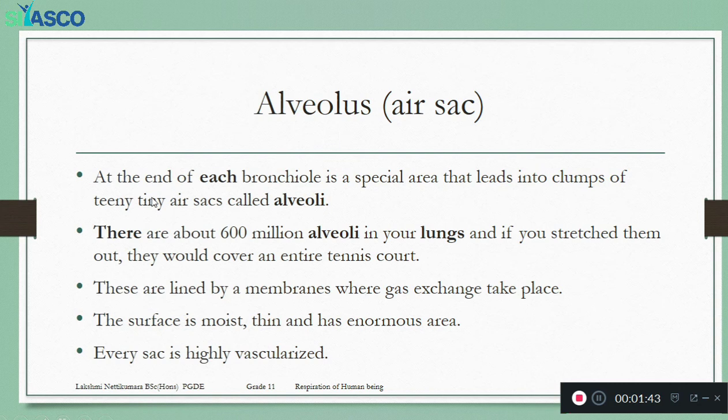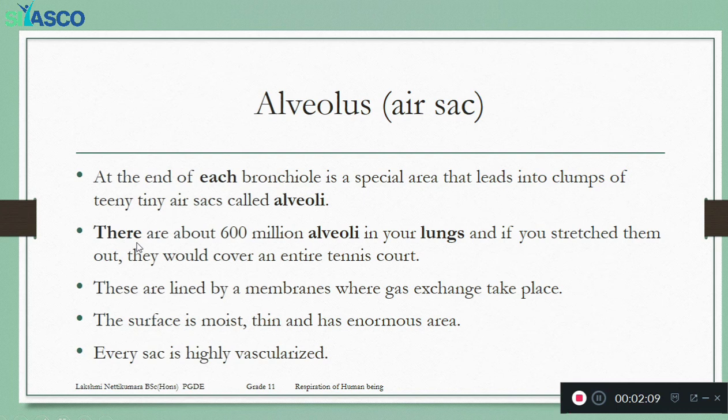At the end of each bronchiole, now you have to think of the path of the inhaled air: nasal cavity, pharynx, then larynx, trachea, bronchus, bronchioles, then ended with clumps of teeny tiny air sacs called alveoli.